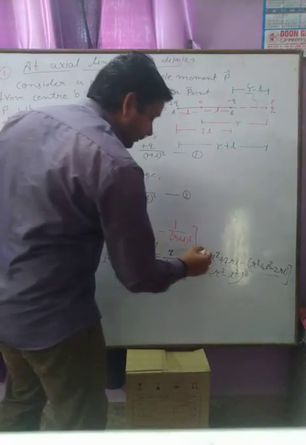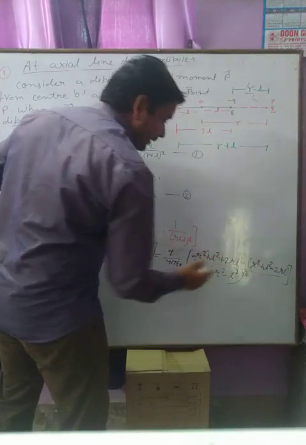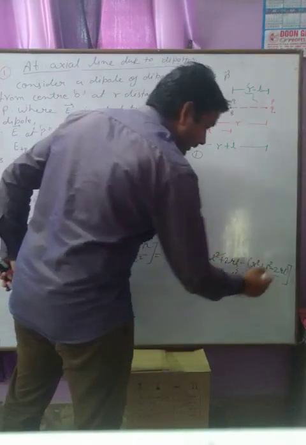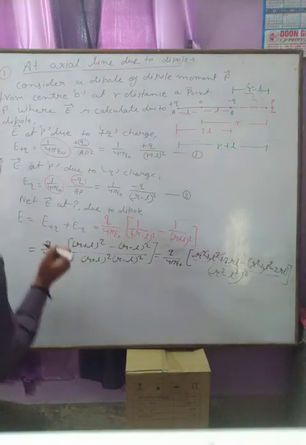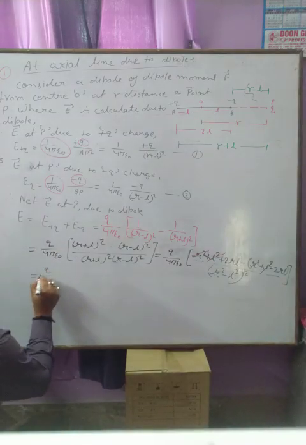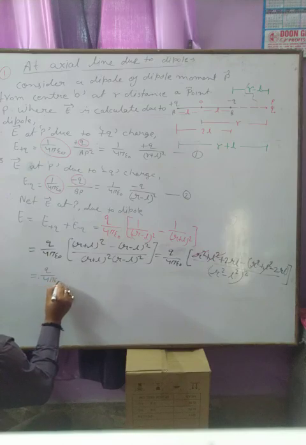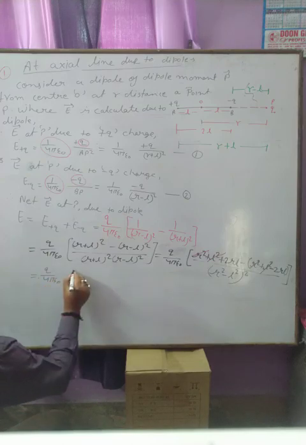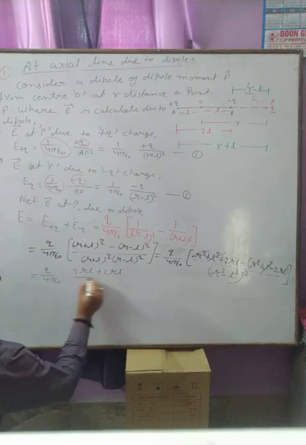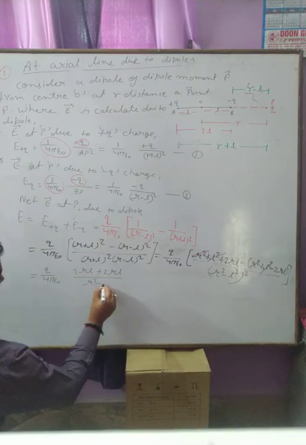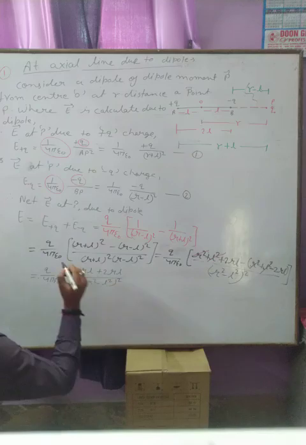So the R square terms cancel and the L square terms cancel, and we have the value Q upon 4 pi epsilon naught, 2RL plus 2RL upon (R square minus L square) whole square.